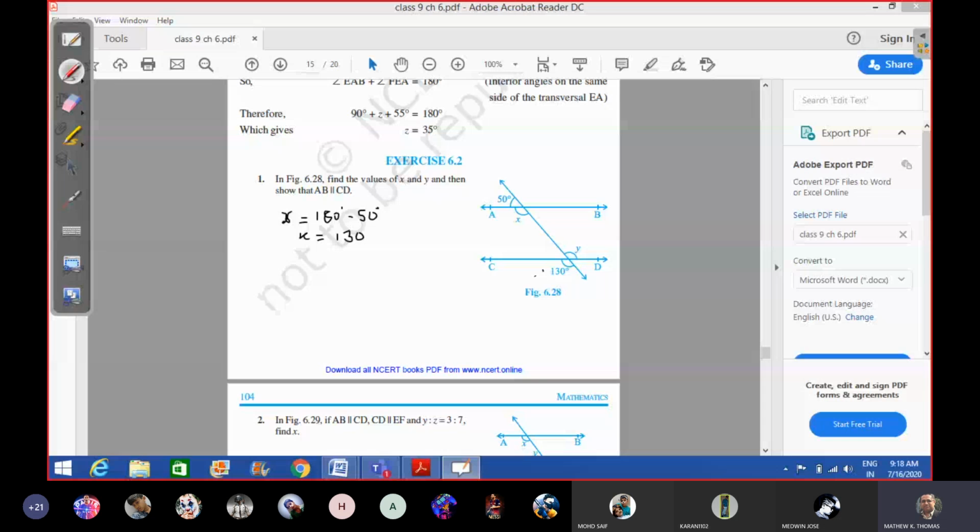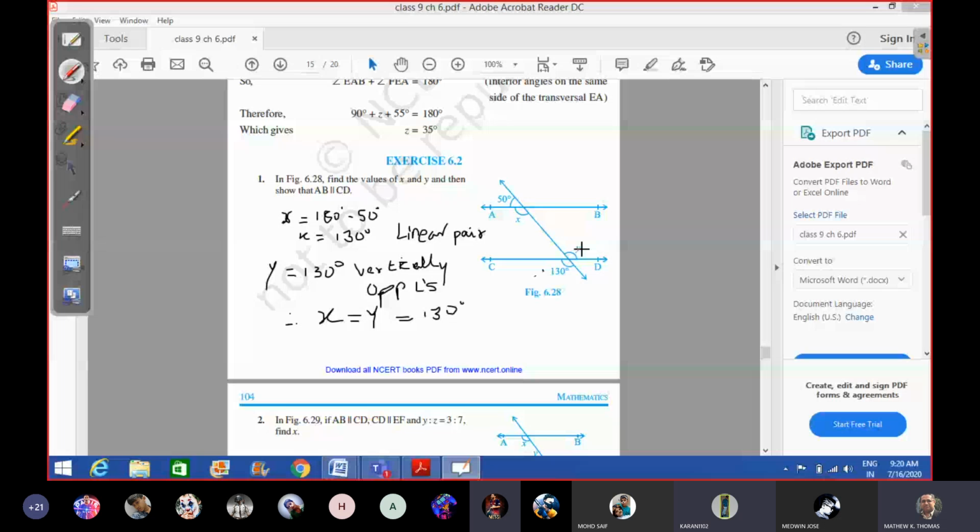We just now explained this. x and y are which type? Alternate interior angles. Sir, alternate interior angles, correct. x and y are alternate angles, and we know by the property that if alternate angles are equal, then lines are parallel. Alternate angles will only be equal when lines are parallel.